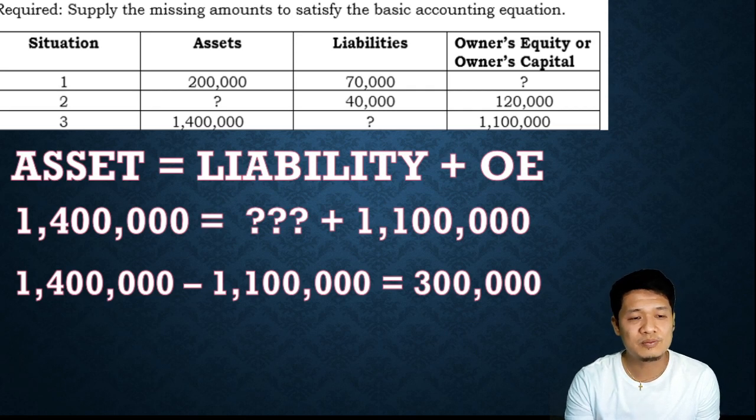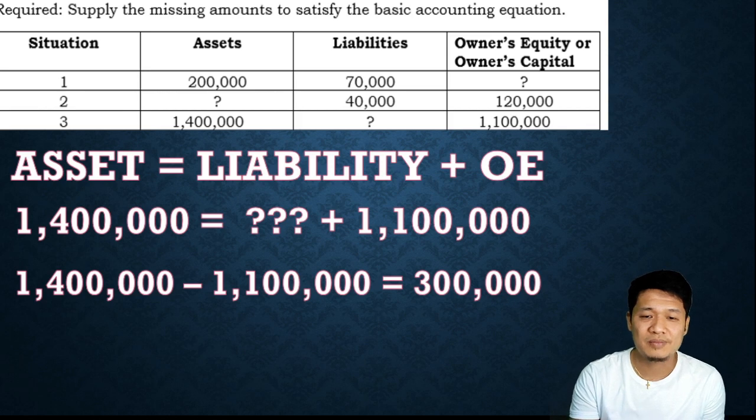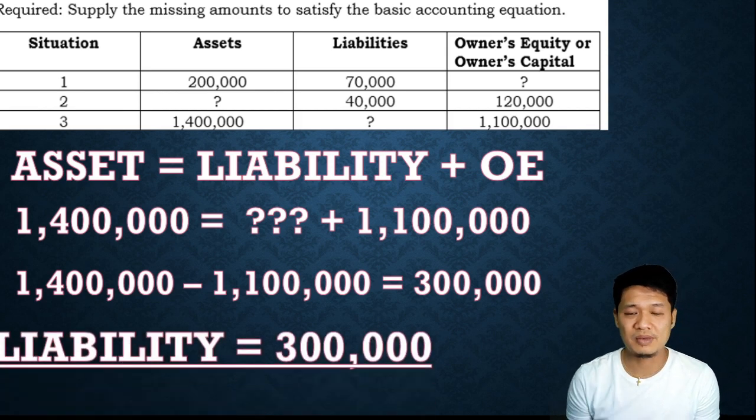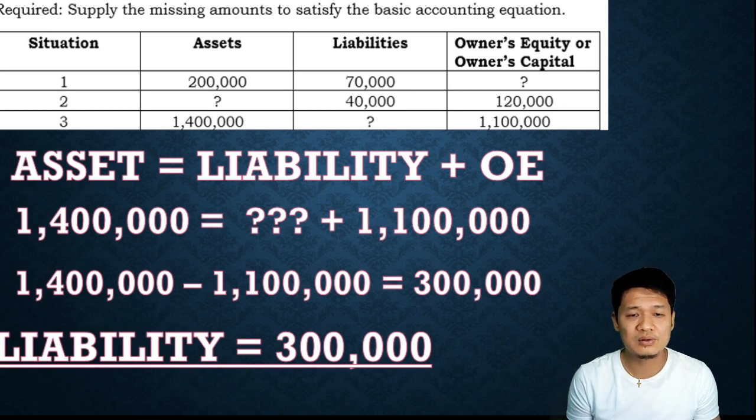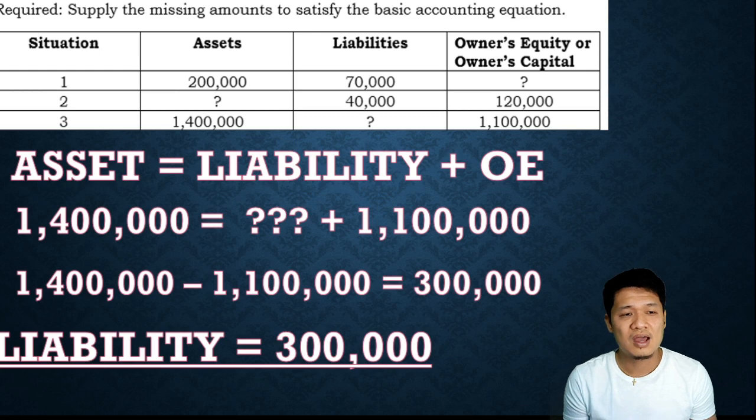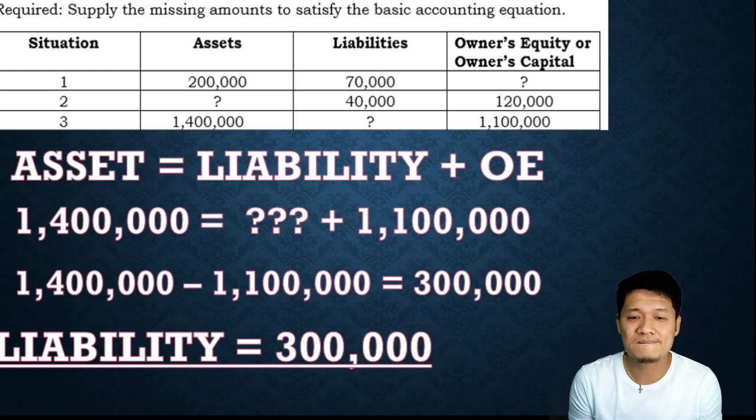We have 1.4 less 1.1 is equal to 300,000 pesos and that is the amount of liability. So hopefully this one is already clear for you, no? If ever na meron kayong mga question about the accounting equation, you can go back and review or watch again our previous lesson, the 5 major accounts.